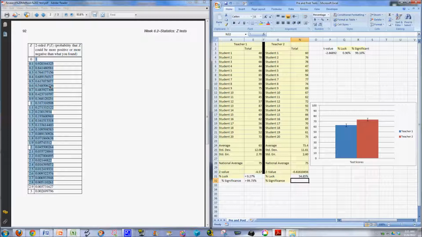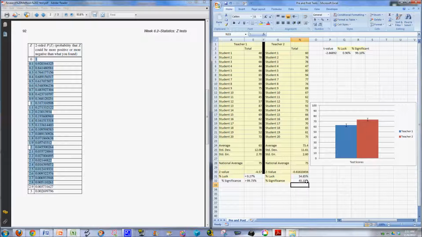Alright, and it's already converted us to percentages. If it hadn't, it's just a simple click up here. So our significance is simply 1 minus that value. Enter. And so now we found our percent significance for both teacher 1 and teacher 2.